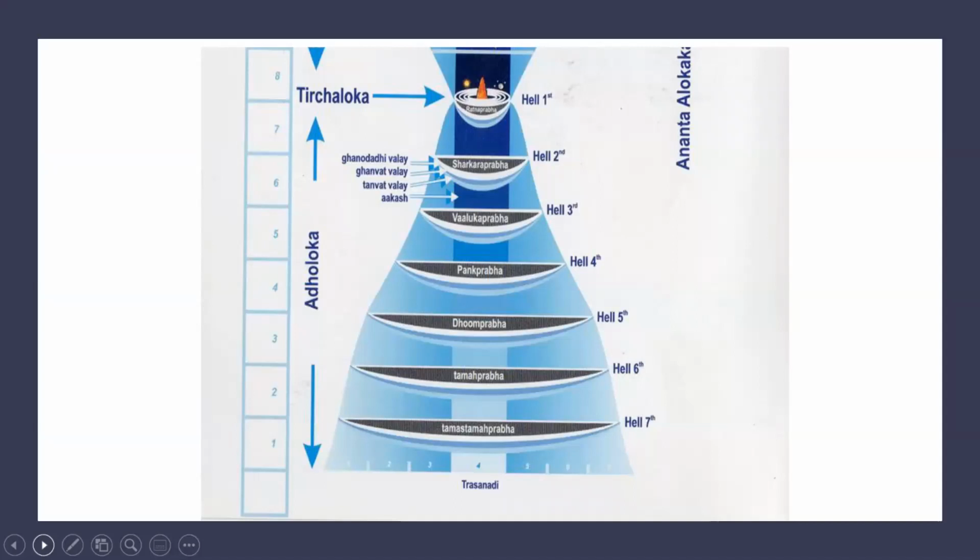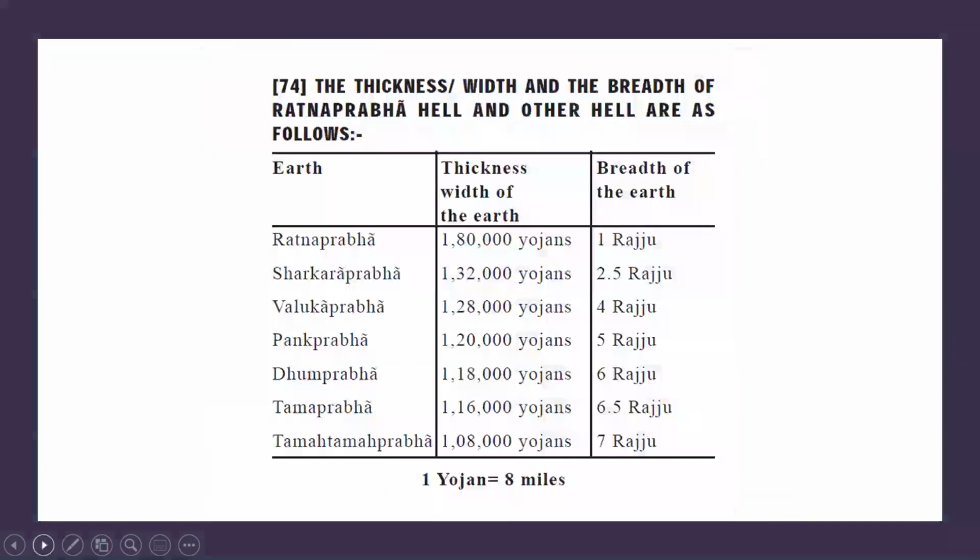Third Narak, the thickness further decreases, it's 128,000 yojans, and so on. So the thickness of these bhumis decreases as you go down, but the width or the breadth of the Narkavas increases.